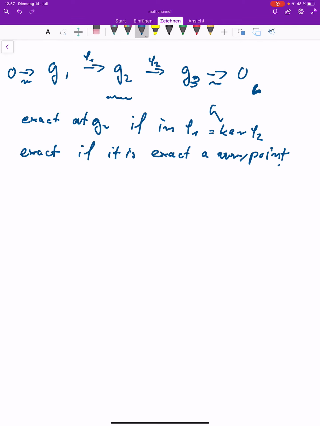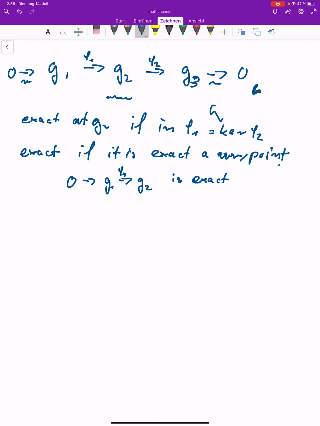Let's look at a few examples. So what about this one? We map 0 to G1 to G2 and we're finished. So in this case we have only this homomorphism phi1. What can we say about this being exact? What does this mean?